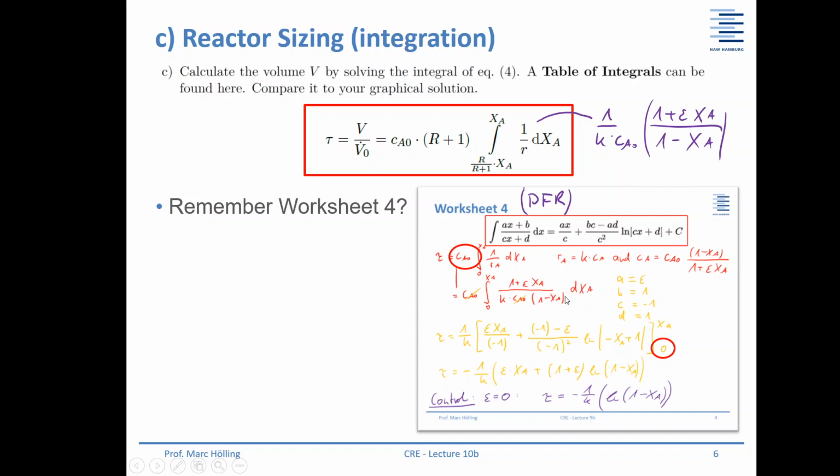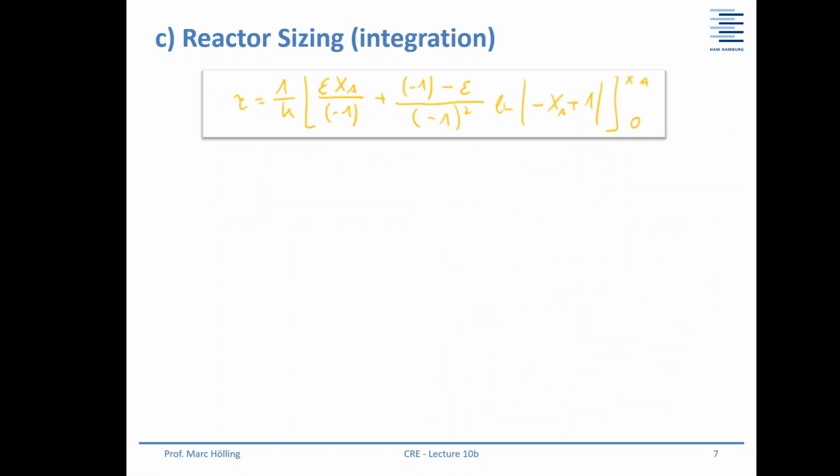So basically we can use the results that we found last time, but just with a very small modification. So what do we need to do?